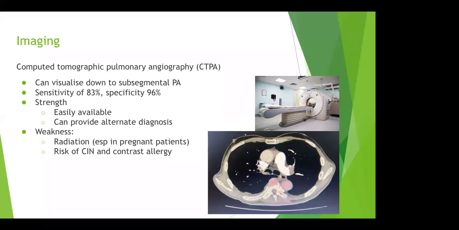It's easily available, and you can also get other diagnoses, like you can see pneumonia or pleural effusion on CT scan also. But the weakness is that it has a high radiation, which makes it more difficult to use in a pregnant lady. And also there's a risk of contrast-induced nephropathy and also contrast allergy.